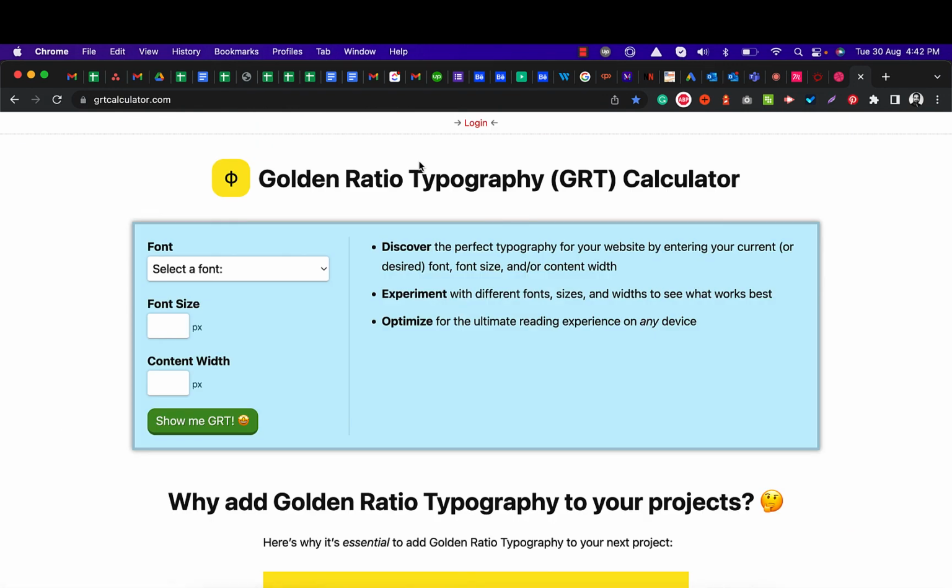Golden ratio I will explain when we talk about it after the color palette. Golden ratio is a number. If you make a logo as per the golden ratio rule, your logo will become more sophisticated, more balanced.